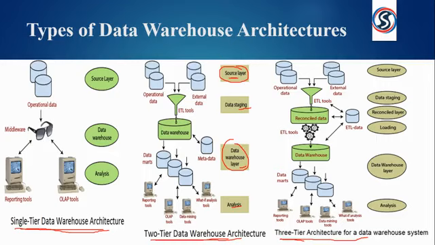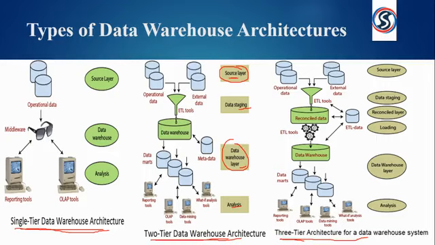Since it includes the OLAP server that is pre-built in the architecture, we can also call it as the OLAP focused data warehouse. The third and the topmost tier is the client level, which includes the tools and the application programming interface, that is your API, that is used for the high level data analysis, inquiring and reporting.